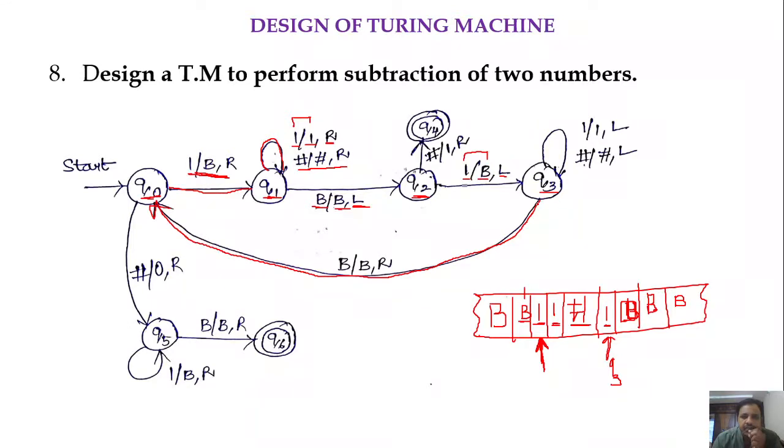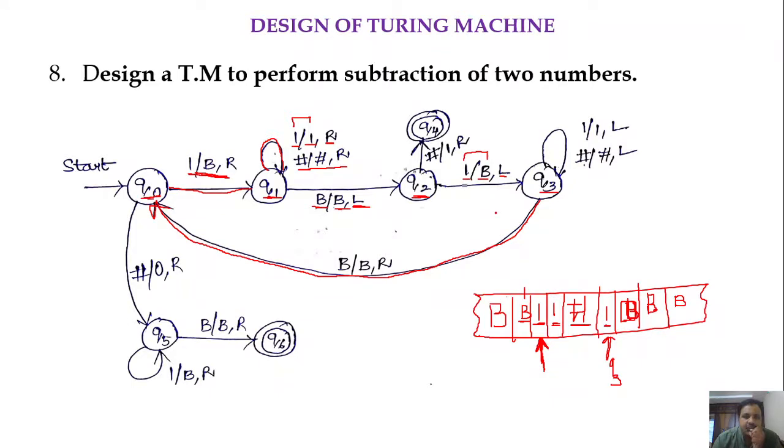So why have we made a transition from q3 to q0? Because in q3 if we get a blank, we move the head towards right, so that the next marking of 1 to blank begins again, or that procedure is repeated.